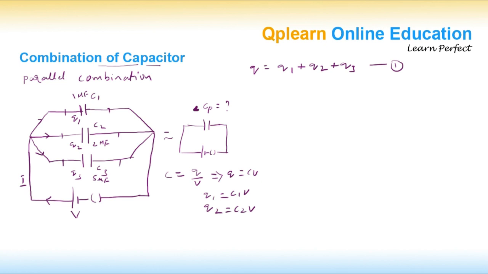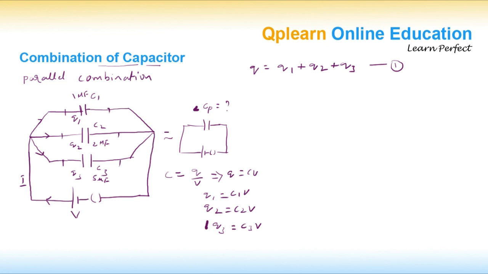V is the same because the voltage is not changing, so we keep V as it is, but the capacitors are different, so C1, C2, C3. Now all values are available, so substitute Q1, Q2 and Q3 in equation 1.